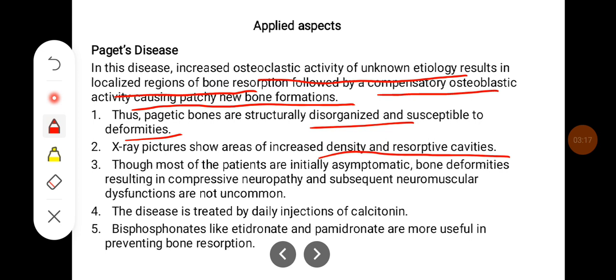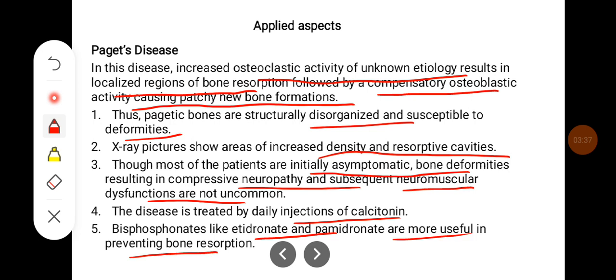Though most of the patients are initially asymptomatic, bone deformities resulting in compressive neuropathy and subsequent neuromuscular dysfunctions are not uncommon. The disease is treated by daily injections of calcitonin. Bisphosphonates like etidronate and pamidronate are more useful in preventing bone resorption.